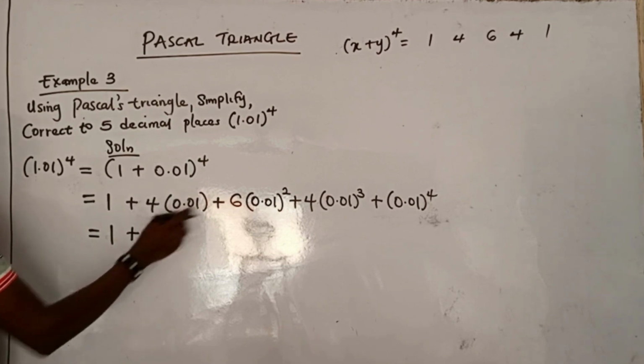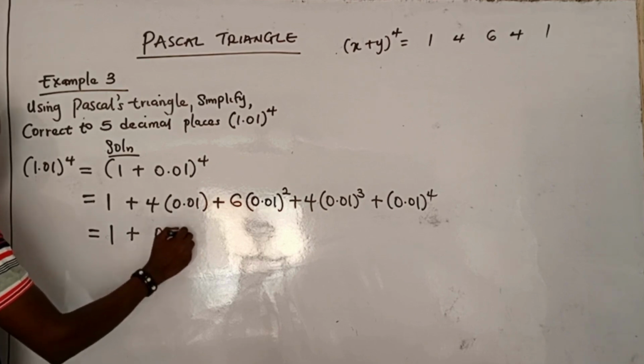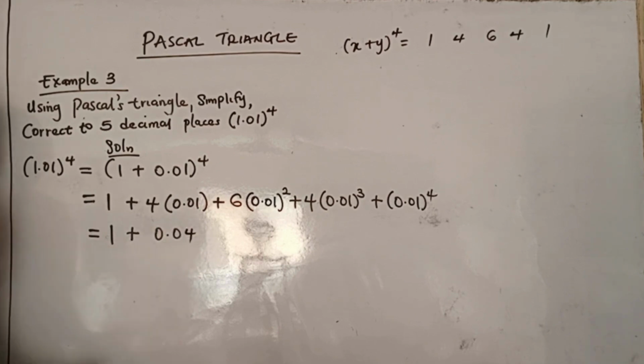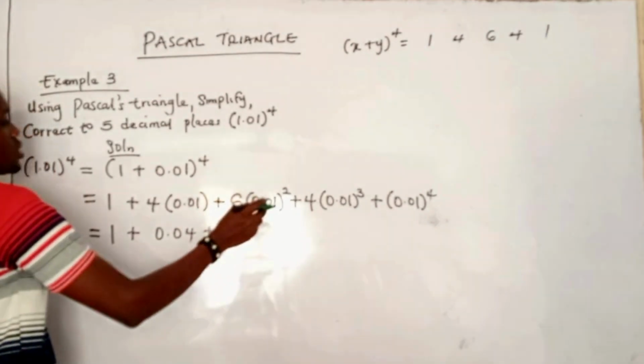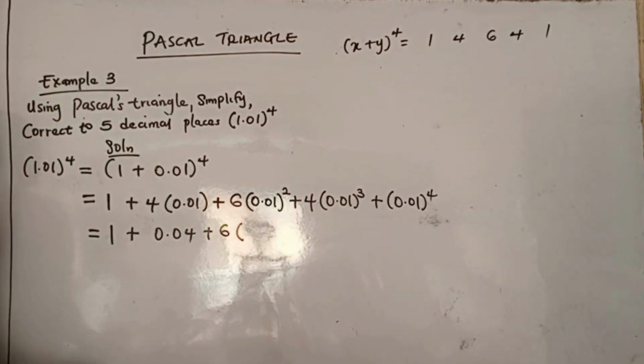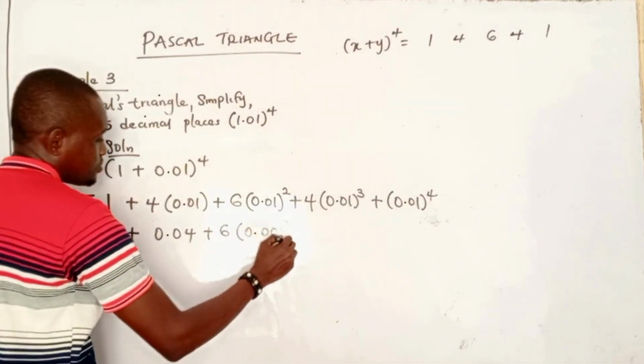So if you times this by 4, we have 0.04. Then plus, we are going to have 6. Now, if you do 0.01 squared, you are going to have 0.0001.